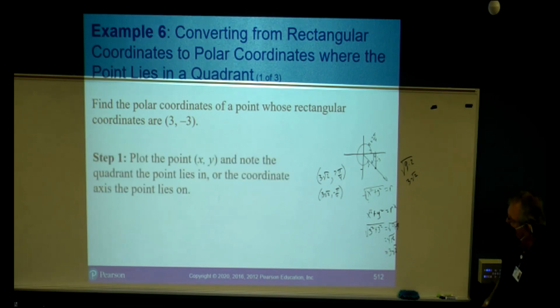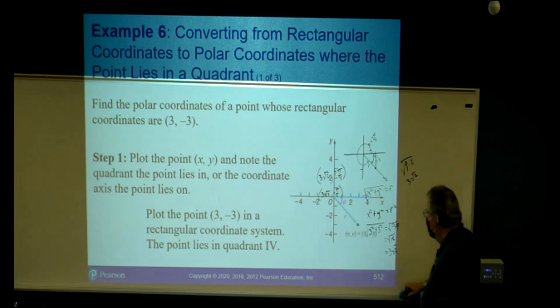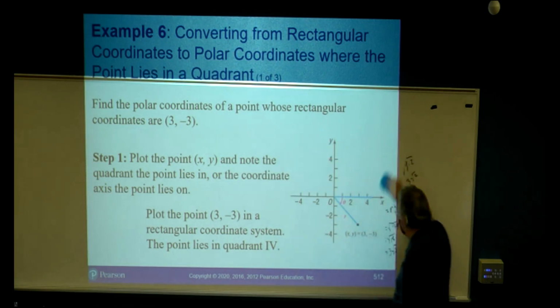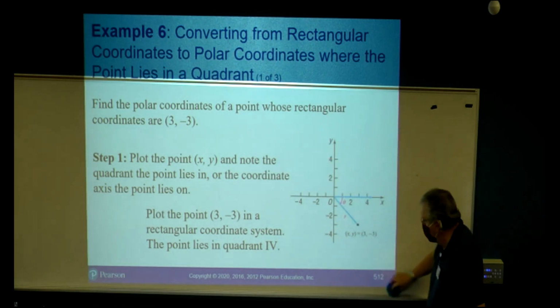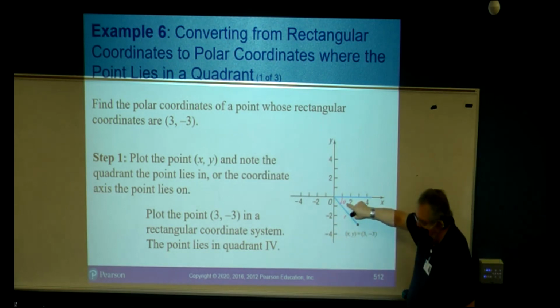For my liking, I like to always use positive angles and positive radii as much as possible. Plot the point x, y so you know which quadrant it's going to be in, and that's what they did. And so here they're going to say it's a negative angle.